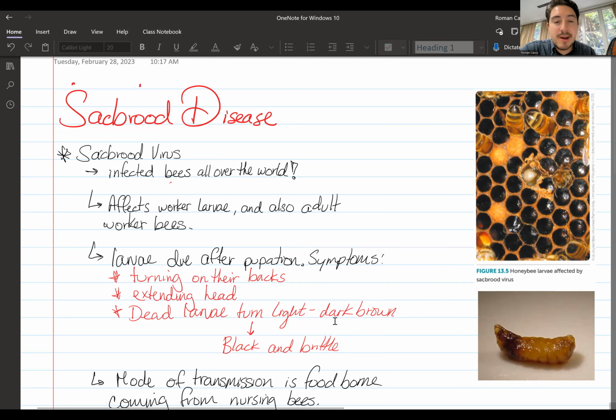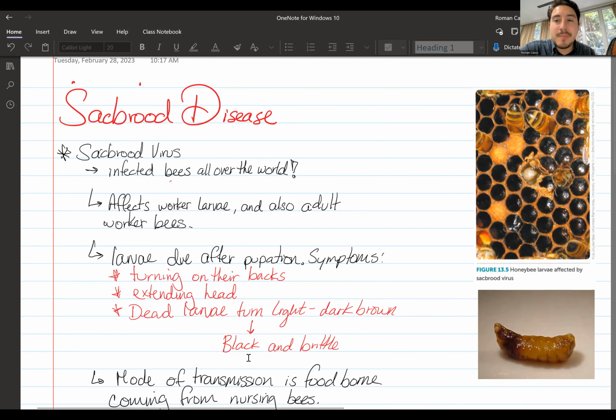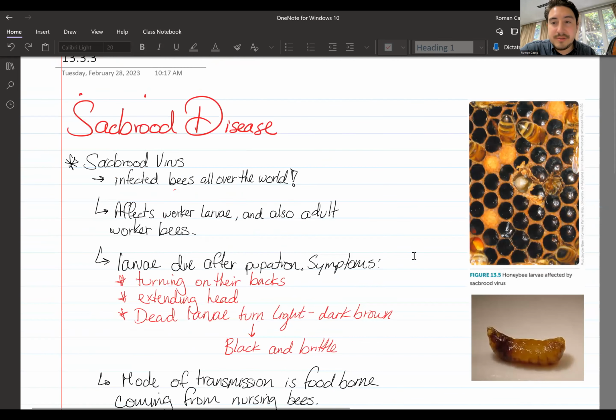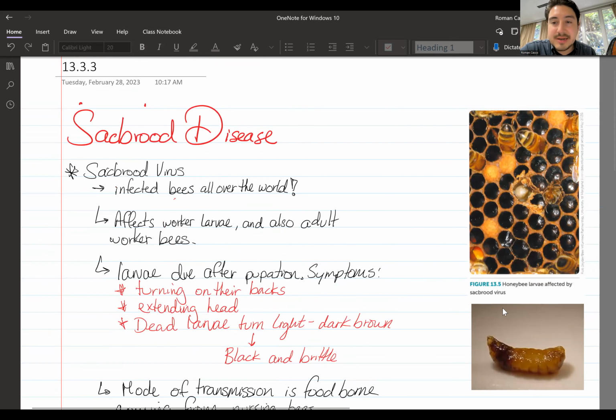From light to dark brown, ultimately turning into a very black kind of, in an extreme way, like a carbon shade, right? And they become very brittle. They break easily, right? And this would be an example of a beehive that has been affected by sac brood disease.